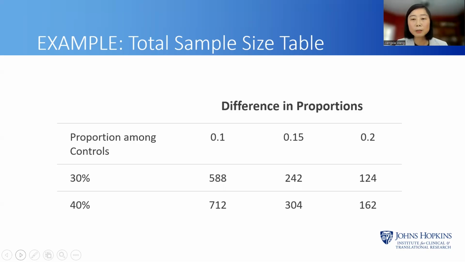Here, in addition to the difference in proportions, I also included another assumption about the control proportion. Let's assume the mortality rate is 30% in the controls. Then, given that assumption, how the sample size changes for different assumptions about the difference in proportions.